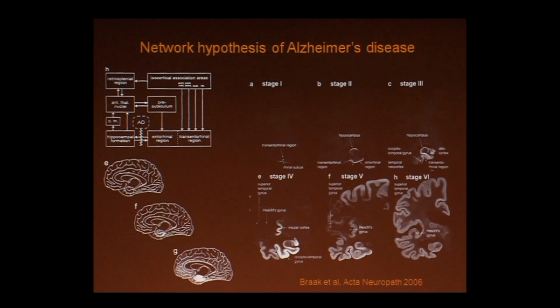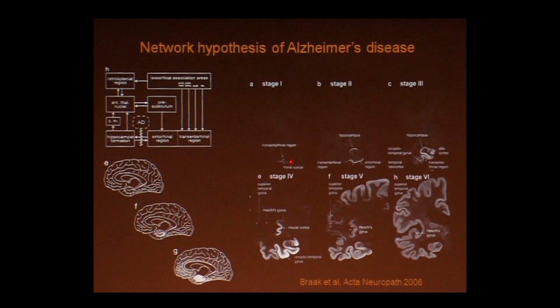For example, here in this pioneering work by Heiko and Eva Braak in Germany, they identified a progression from a very early stage that involves just these medial temporal memory structures that Dr. Rabinovich spoke to you about, all the way throughout the brain. As you see, the white hot areas, in the way I've represented this slide, are actually the areas where these neurofibrillary tau tangles Gil spoke about are aggregating.